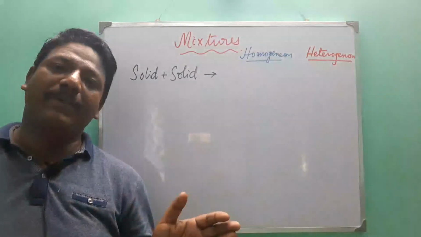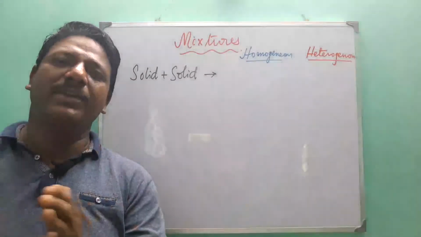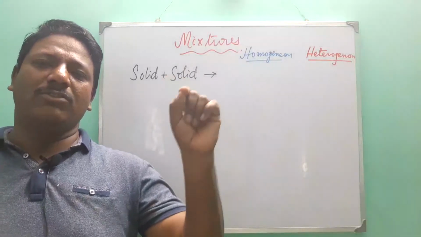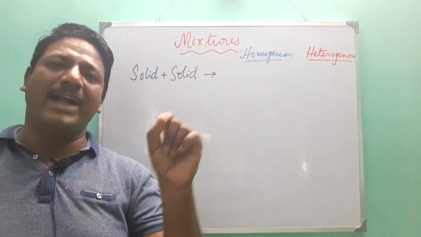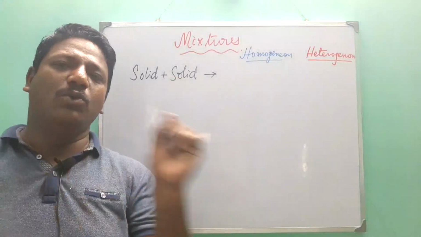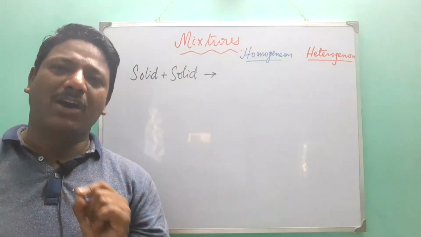Third, I said the elements combine in a fixed proportion of atoms. If you take water, H2O, that means there are two atoms of hydrogen and one atom of oxygen. If you take CO2, that means one atom of carbon and two atoms of oxygen.